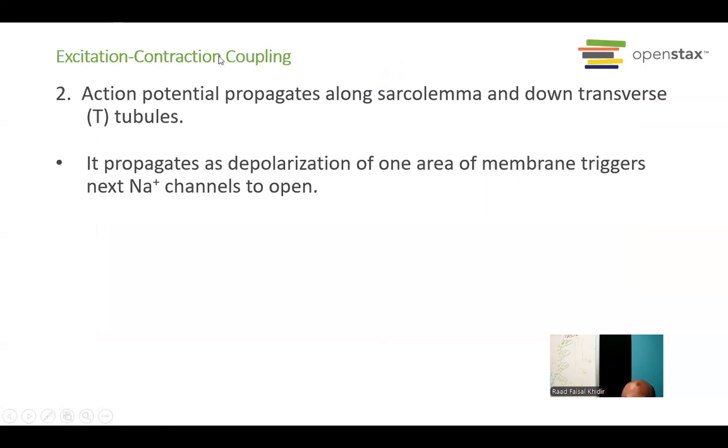The action potential propagates along the sarcolemma and down the transverse T-tubules. It propagates as depolarization of one area of membrane triggers the next sodium channels to open.